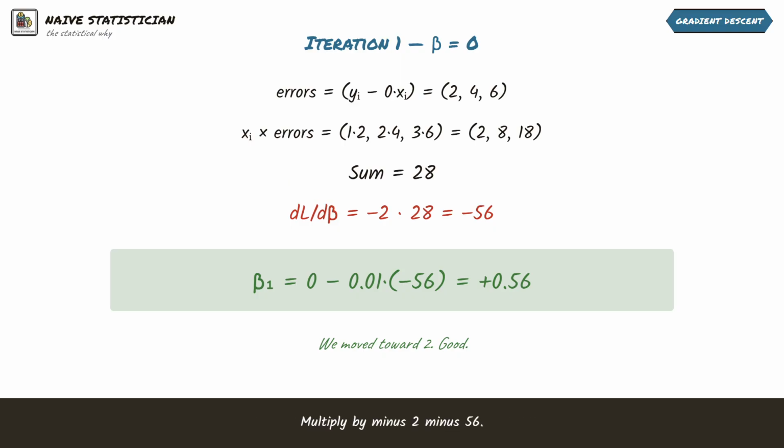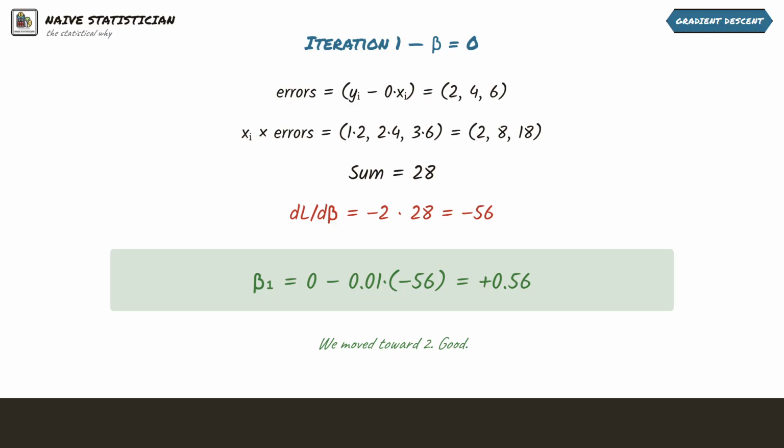Multiply by minus 2, minus 56. So the gradient at beta equals 0 is minus 56. Beta new equals 0 minus 0.01 times minus 56, which equals plus 0.56. Good. We moved in the right direction towards 2.